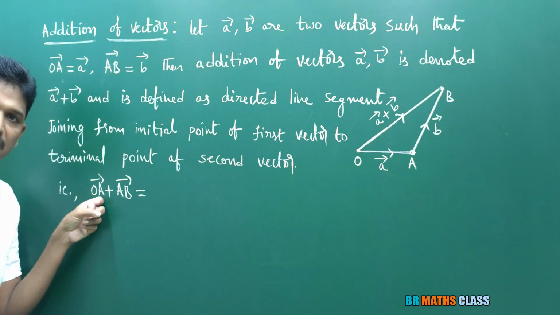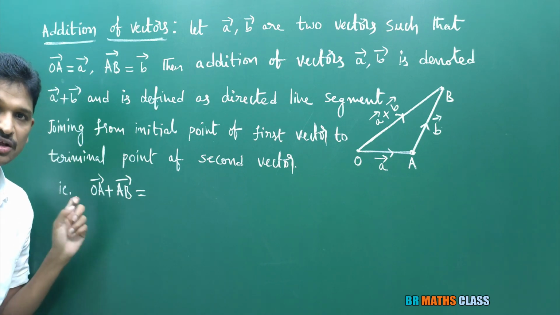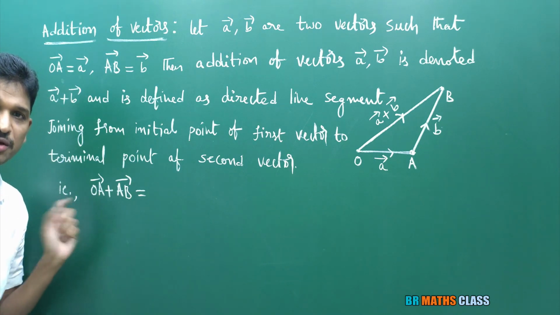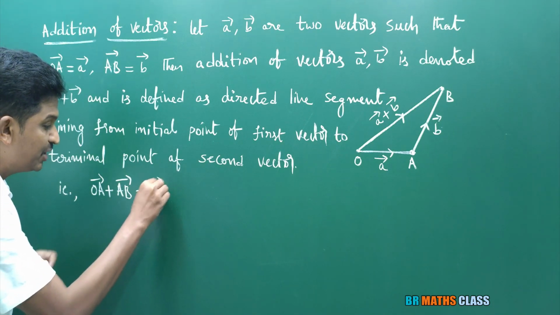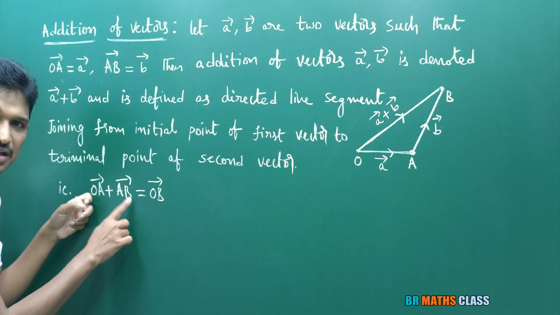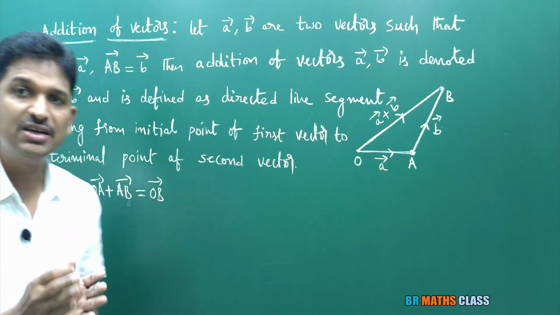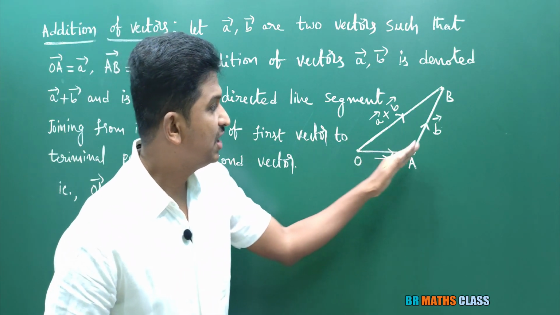You observe that the terminal point of the first vector and the initial point of the second vector are the same. What is OA bar plus AB bar? OA bar plus AB bar is OB bar, a directed line segment joining the initial point of the first vector to the terminal point of the second vector. This is very easy. Here direction plays an important role. You observe the A bar, B bar direction.